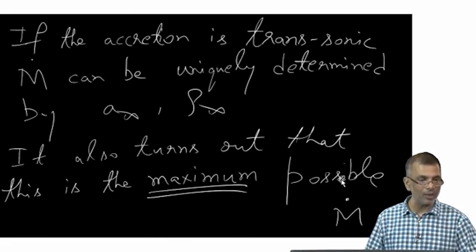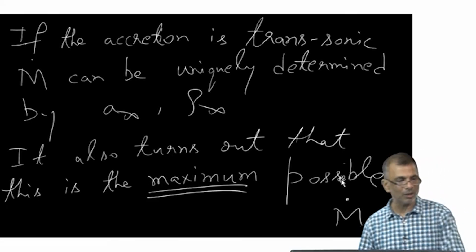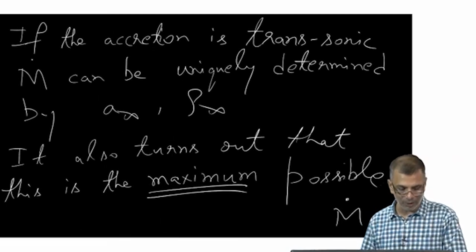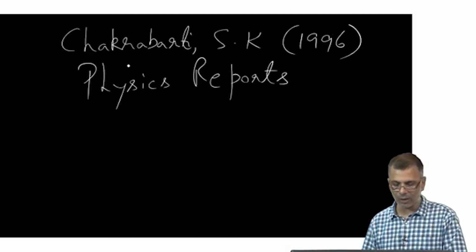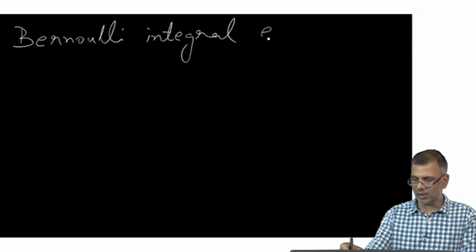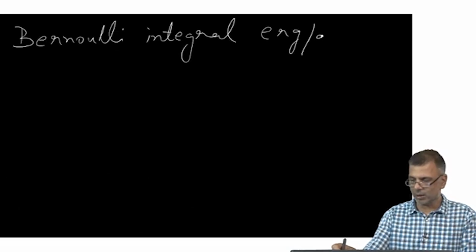And I assured you that we would be talking a little bit about what's called the Bernoulli integral, and here we go. A lot of this can be found in this paper. So remember, the Bernoulli integral is essentially the specific energy.